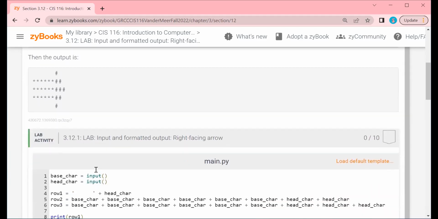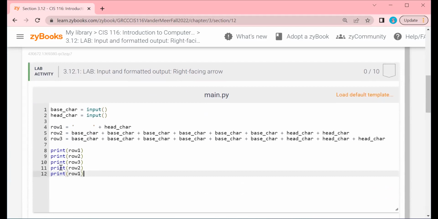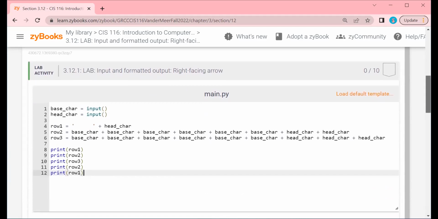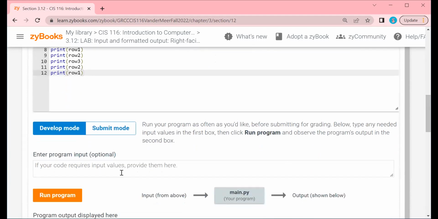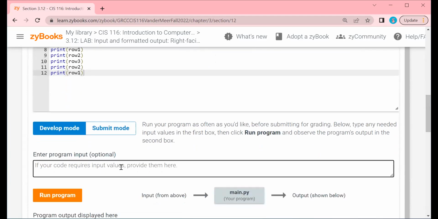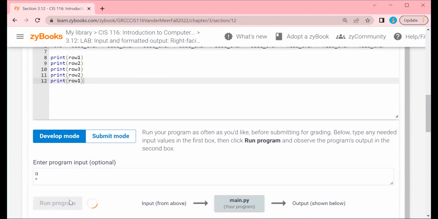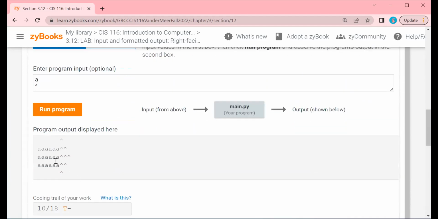Then it draws that arrow. So I put them into row 1, 2, 3. So if my inputs are A and a caret, run this. So now my arrow looks like this.